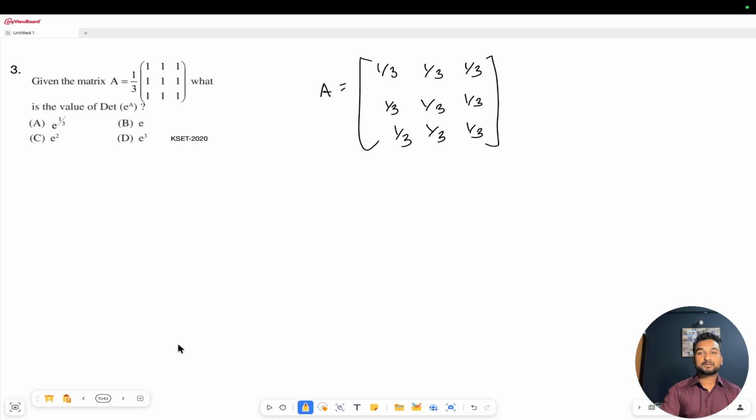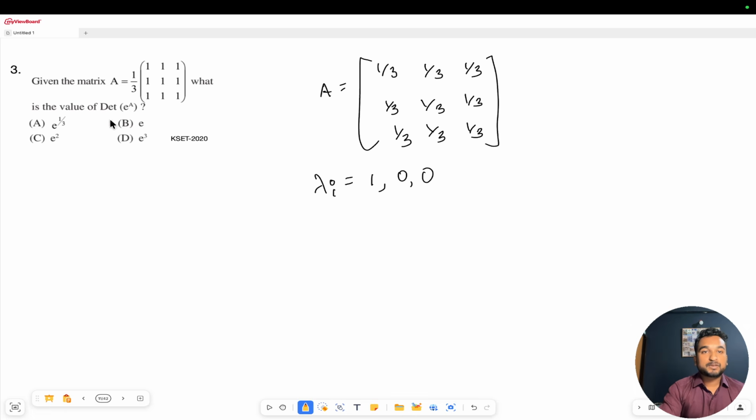So in this question one of the eigenvalues will be the sum of the diagonal elements, that is trace of A. What is that? 1 by 3 plus 1 by 3 plus 1 by 3. What you will get? 1. The rest 2 will be 0.